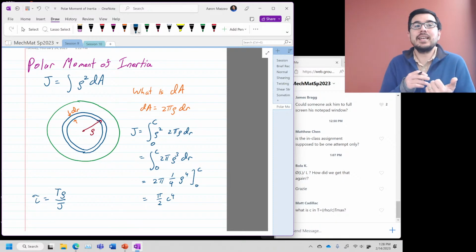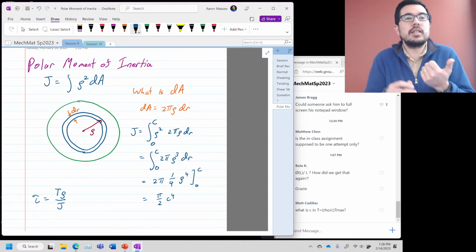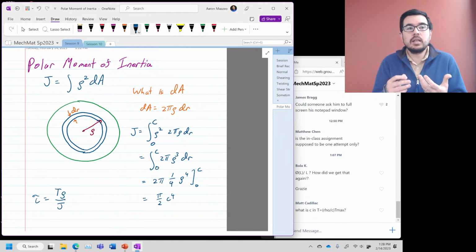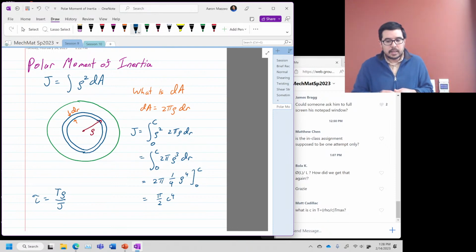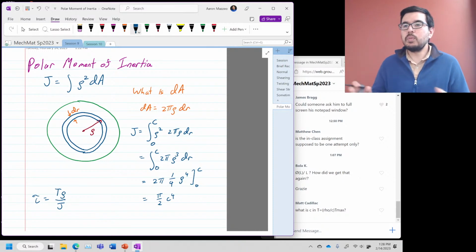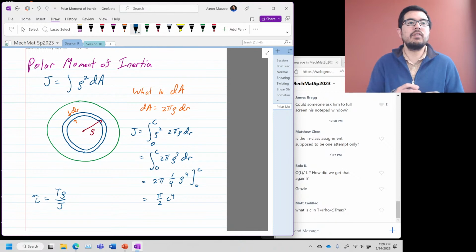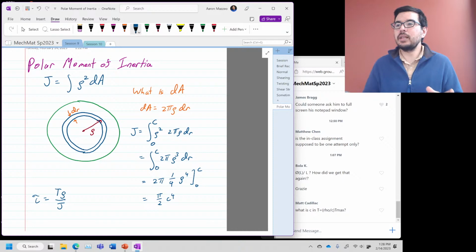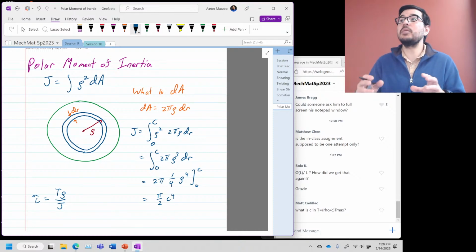So it's how much it resists the torque that we put in. That's how we get a feel for what J is. Different shapes will have different polar moments of inertia, but for this class, we're dealing with the torsion of shafts that are circular.